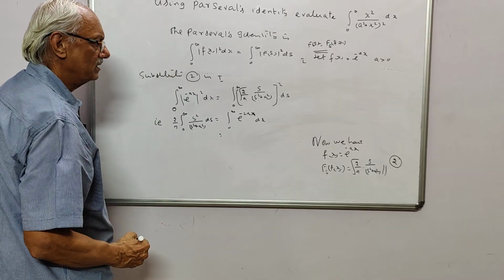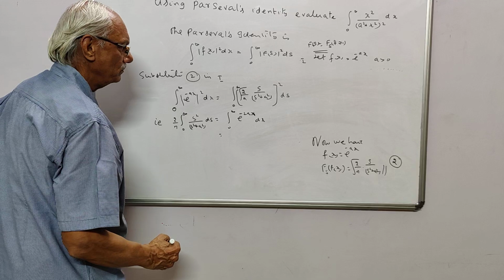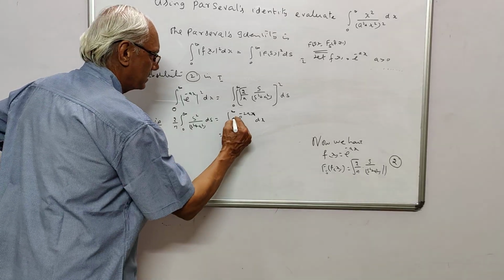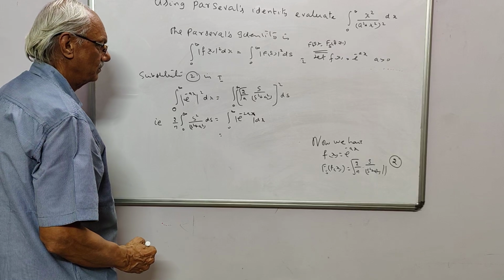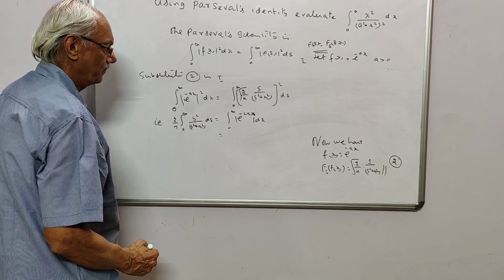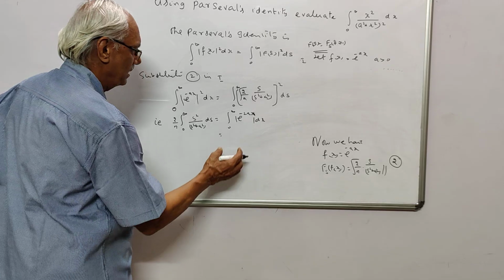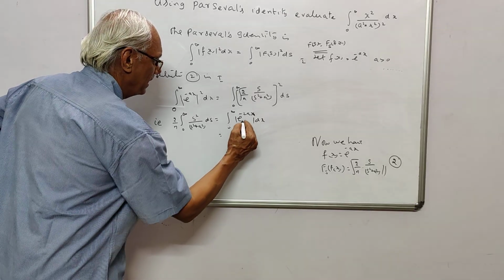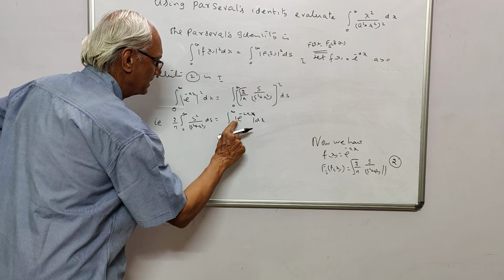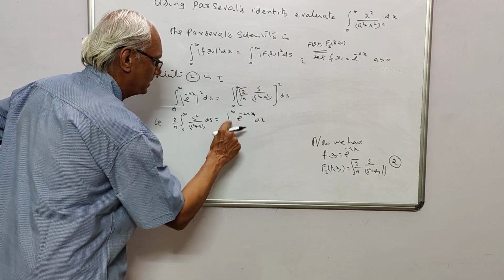Now you see that this is the modulus of that. Now what do you get here? You can just leave it like this because this is a positive quantity, integral from 0 to infinity.